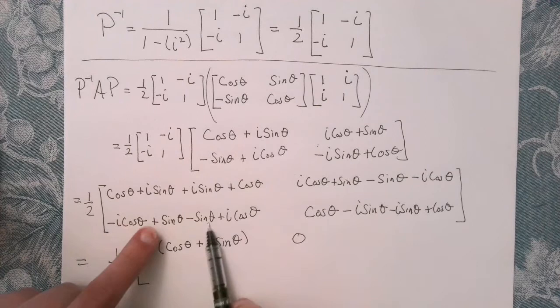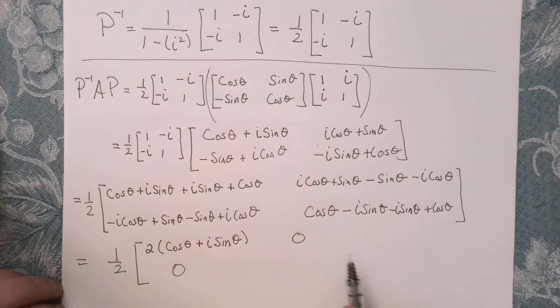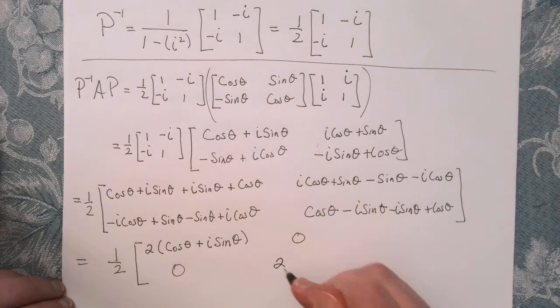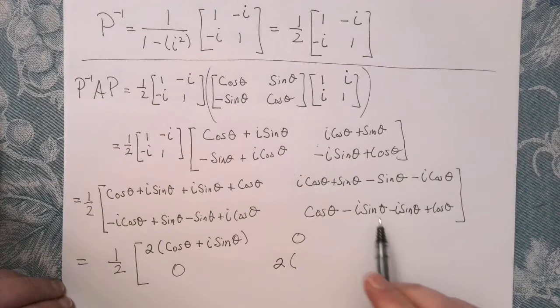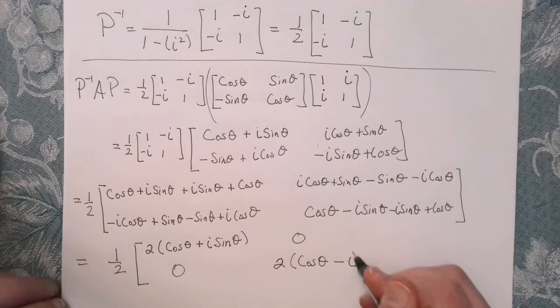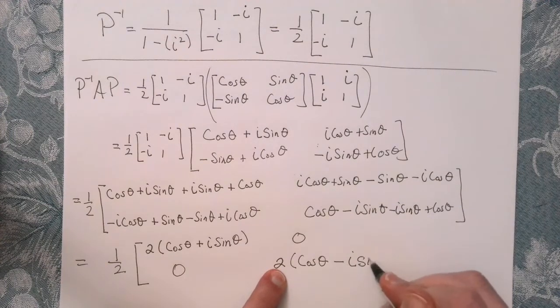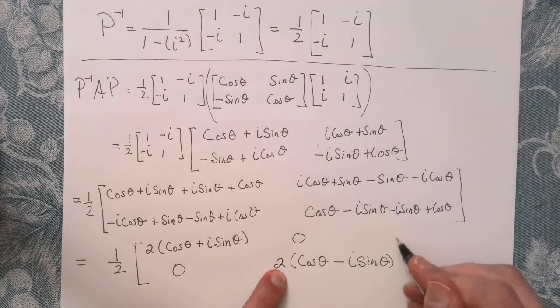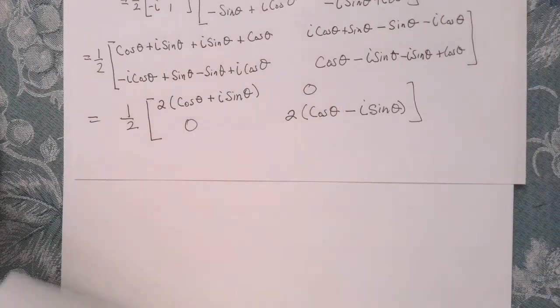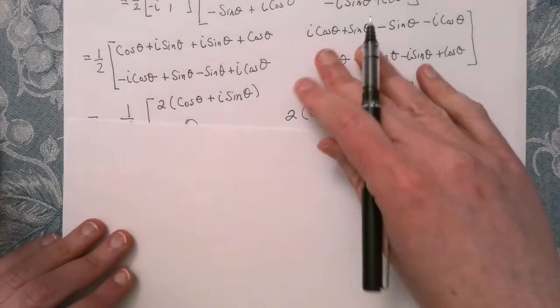It looks like these cancel and these cancel, so I've got another 0 here. And then cosine plus cosine gives me 2 cosine. So that looks like 2 times, and then adding these as well, I've got cosine of theta minus i, because I factored the 2 out, sine of theta. And I think we're going to be sort of clever in the way we were earlier, thinking about properties of odd-even functions and Euler's formula.